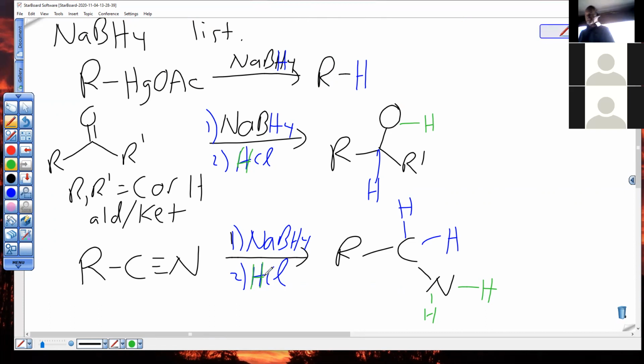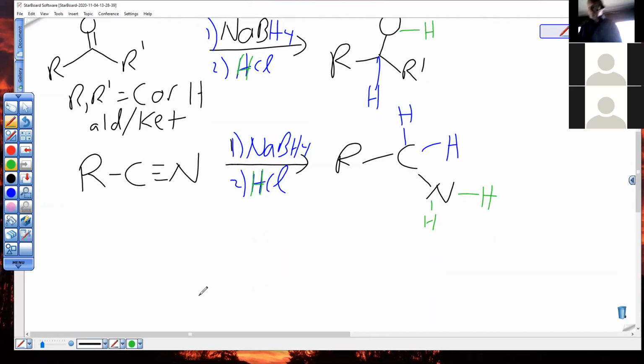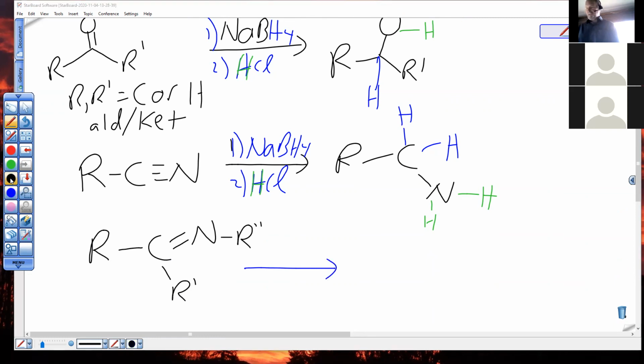Do not add to this list. I believe imines we did see. I'm not going to put imines here, but I want to remind you that an intermediate in this one is an imine, where you get a double bond to N, and then it reduces a second time. So, okay, I'll put imines here, since you asked. So, nitriles, imines.